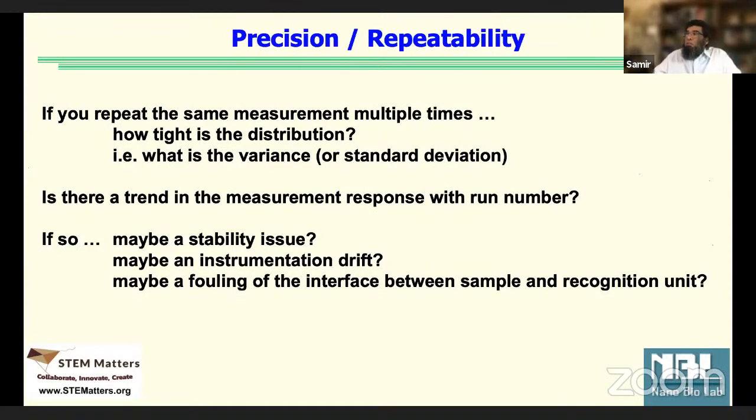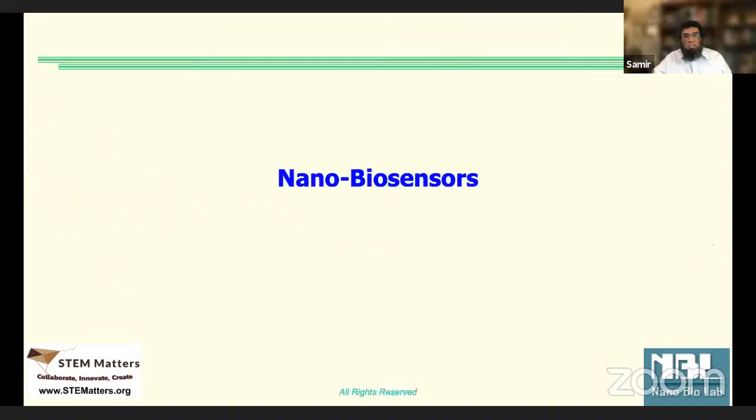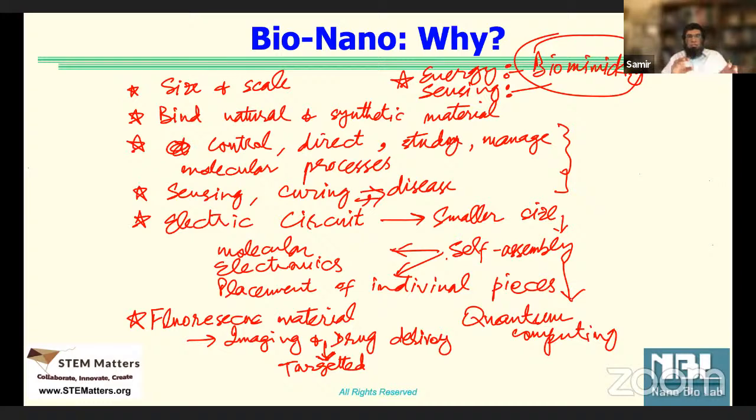Now, we are talking about sensors in general, but we are interested in nanobiosensors, right? And the simple reason is because miniaturization has given us many more benefits for many varied reasons. Don't get scared. I just wrote this some time ago, and I like to go through this. The size of biosensors at micro and nanoscale has given us a better signal to noise ratio.